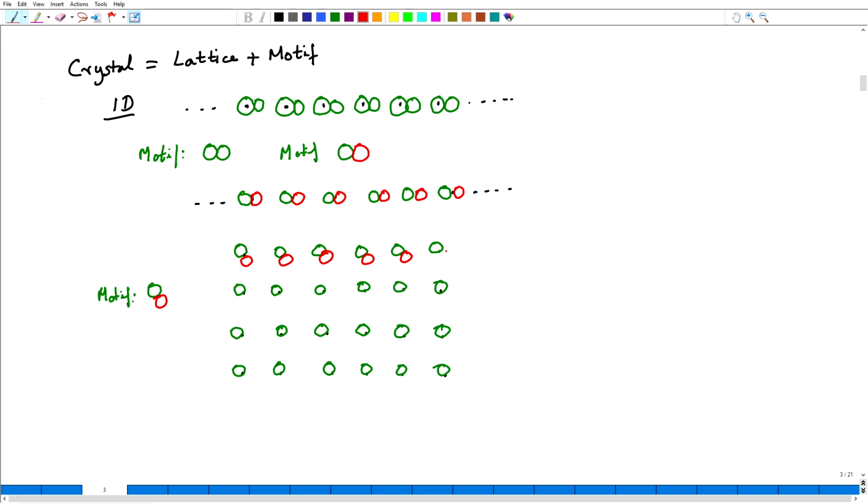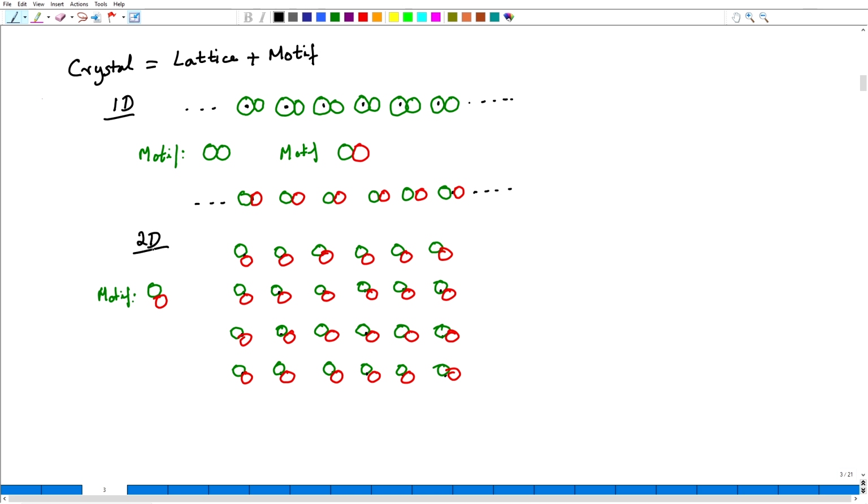As you can see, we are maintaining the same orientation. So, this becomes a two-dimensional crystal.